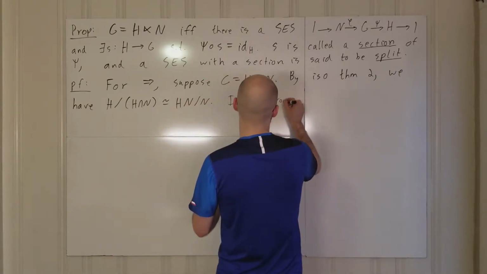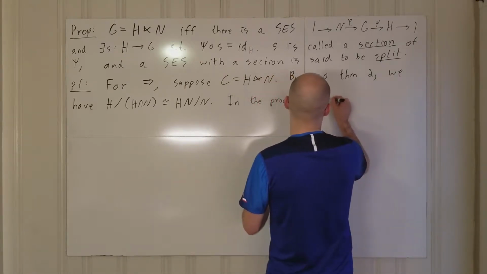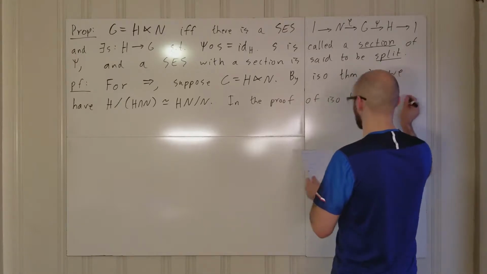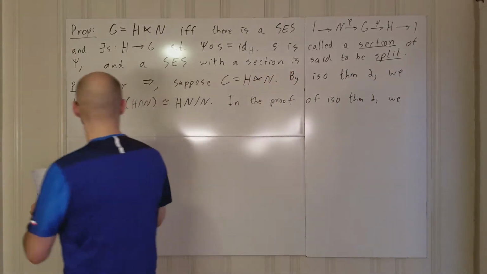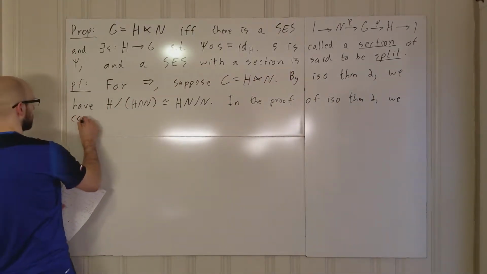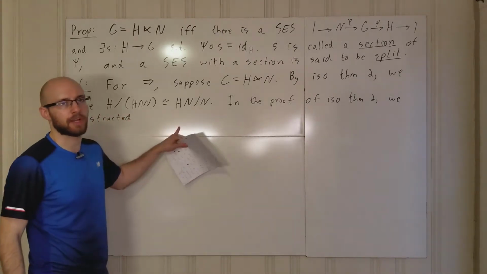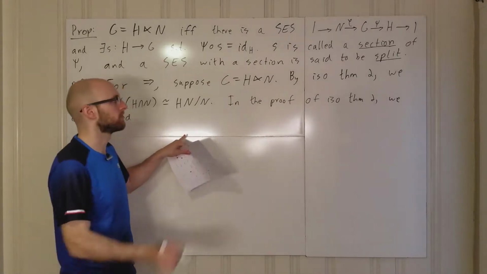In the proof of isomorphism theorem 2, we're going to have to remember how we got this bijection, because we're going to need to use it for this proof.